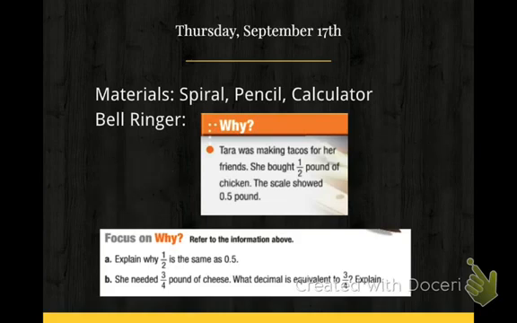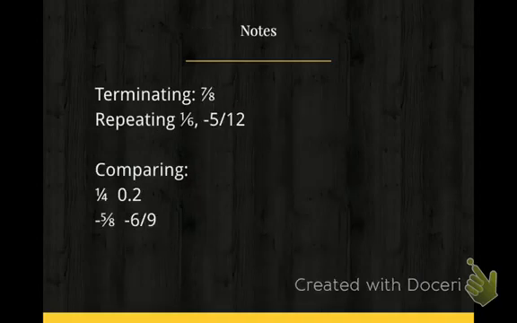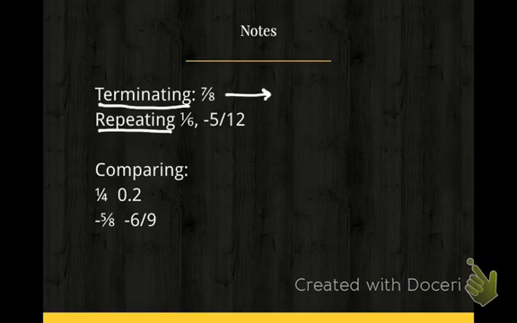So today we're going to chat about different types of decimals that show up when we're dealing with turning a fraction into a decimal. Okay, so there's 2 main terms that we want to make sure that we know. The first term is terminating, and the second term is repeating. And terminating, the simple meaning is to stop. So if we have a terminating decimal, it means that when we take a fraction and turn it into a decimal, that decimal stops.